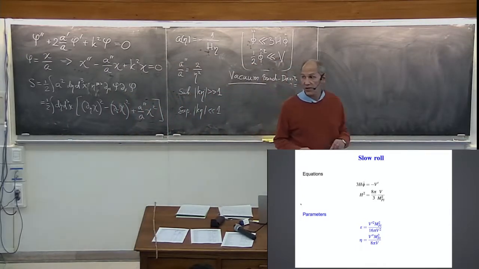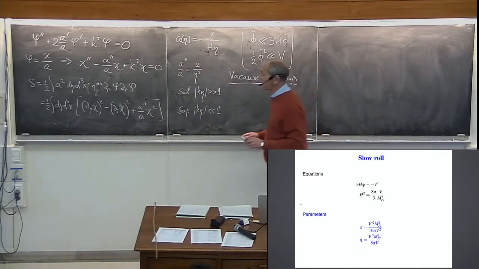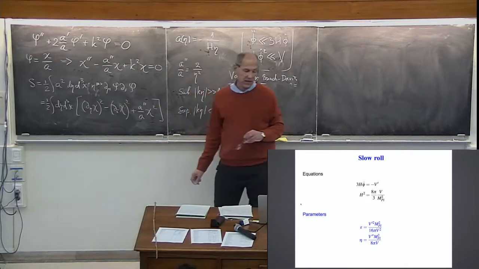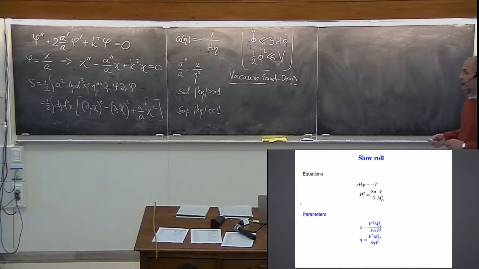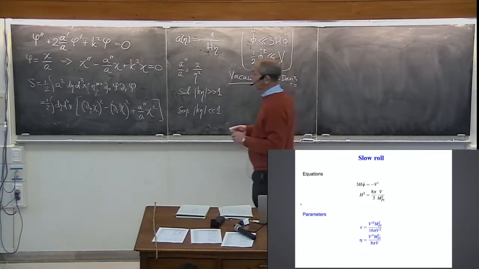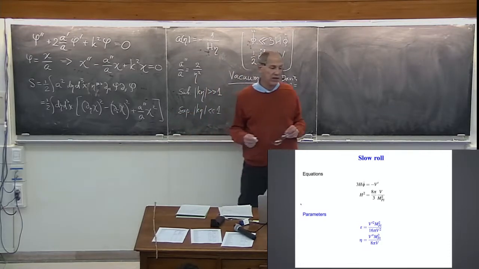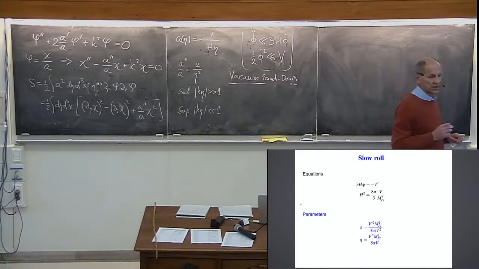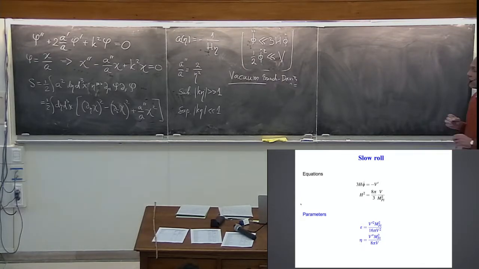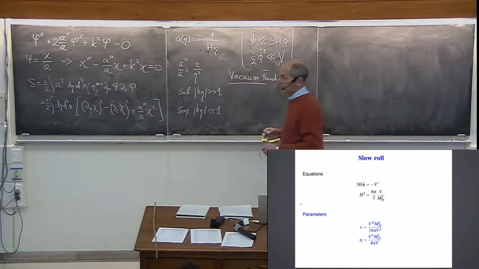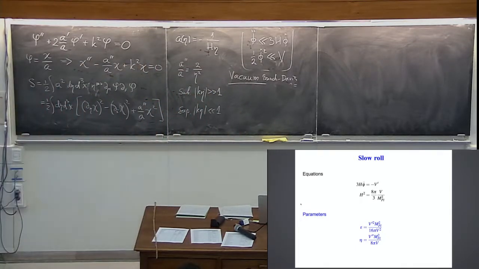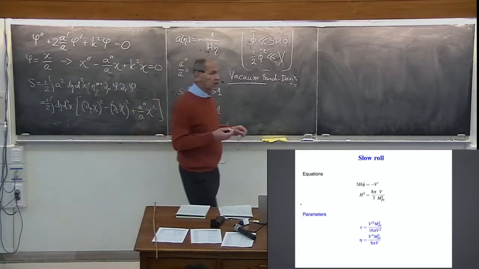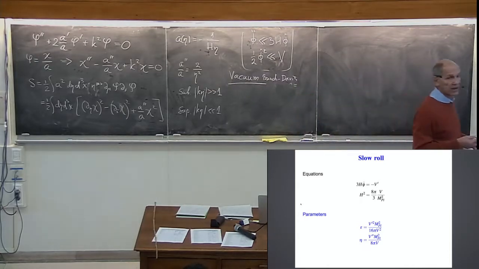So you can think of generation of perturbations in this field as an analog of particle creation by external fields. This language is not particularly useful because we are interested in what happens to this field after horizon crossing, right? If my field has wavelengths longer than the horizon, then it doesn't make sense to talk about particles. So particle creation is not very appropriate here, but you can think of this process as an analog of particle creation.